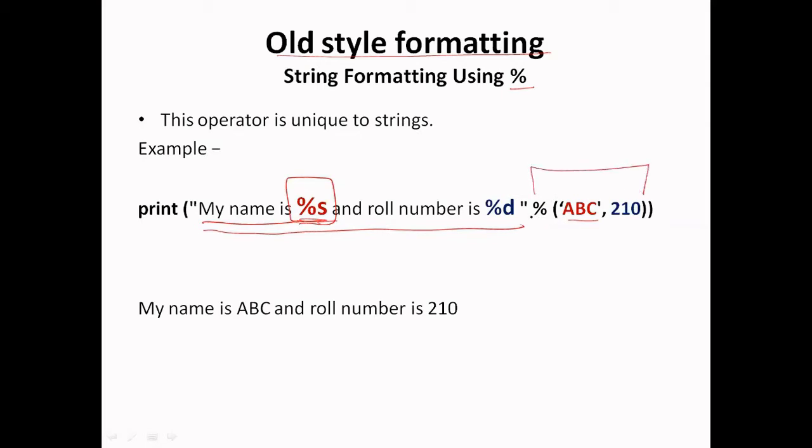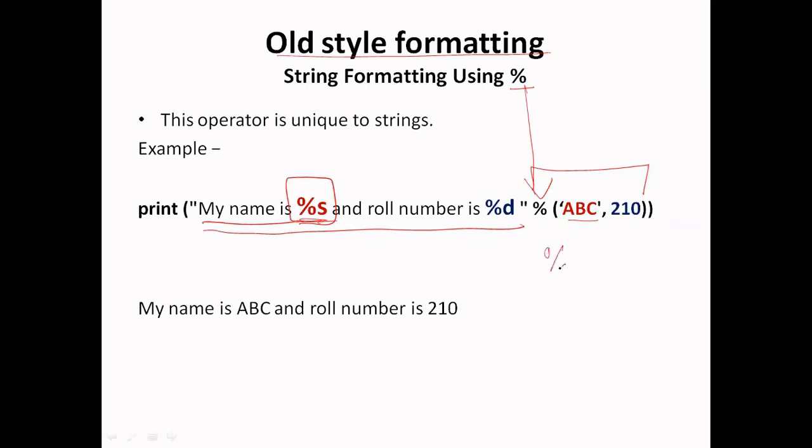Here we do not have to write a comma as we write in C language, and after the string we have to use the modulus operator again. If it is a single value, there is no problem, but if it is more than one value, we have to provide the values inside a tuple.